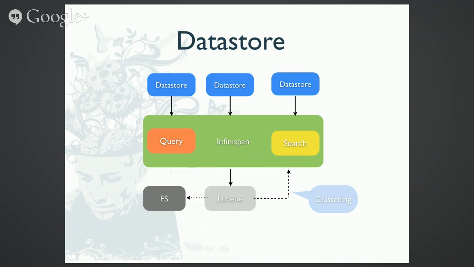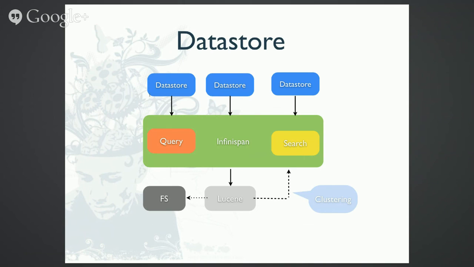An Infinispan query uses Hibernate Search, and Hibernate Search uses Lucene. In the standalone case, you can tweak it to go to a file system-based Lucene directory. But once you're in a cluster, there's an Infinispan-based implementation of the Lucene directory.